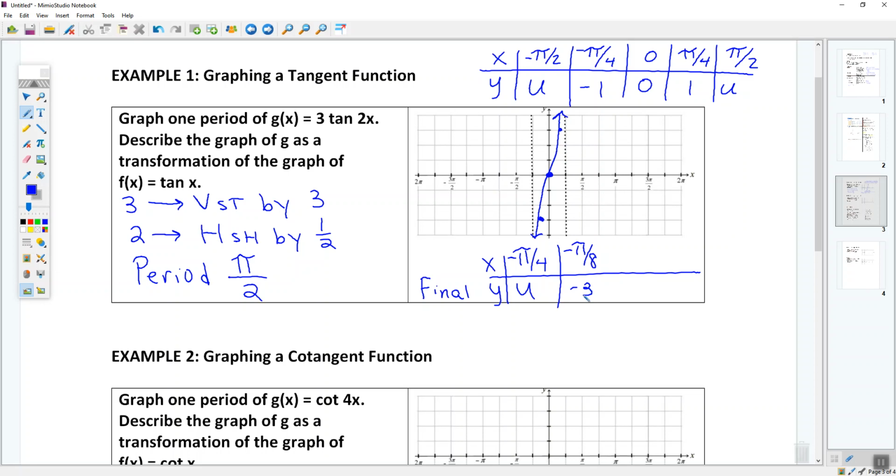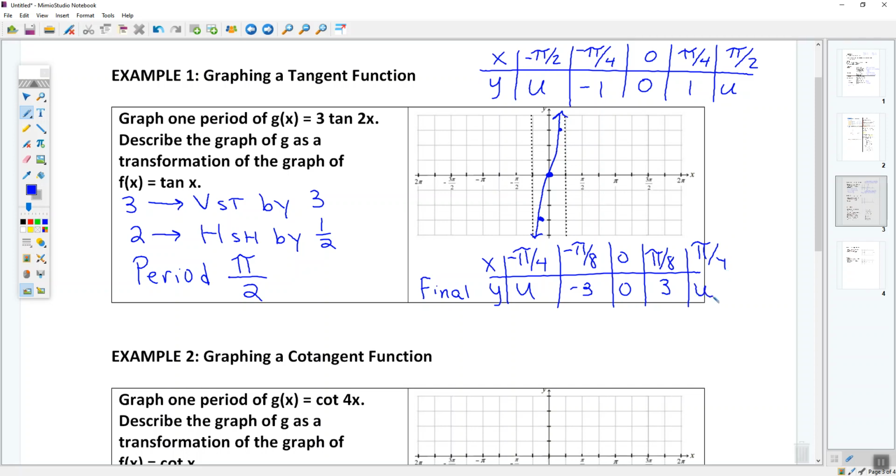What's this point still? 0, 0. Next one was pi over 8, comma 3. And then finally the last one was, we got the pi over 4 again. And what happened to pi over 4 again, kids? Undefined. And that's what it should look like when you're done.